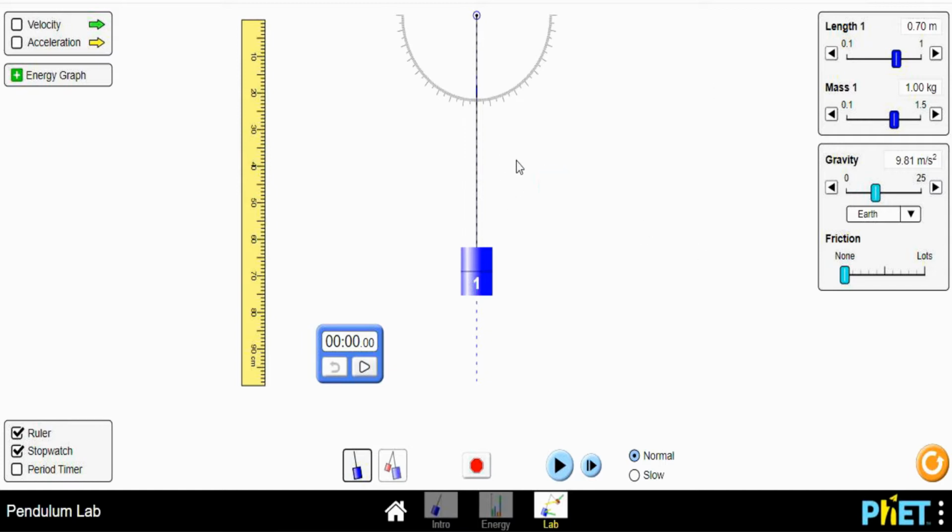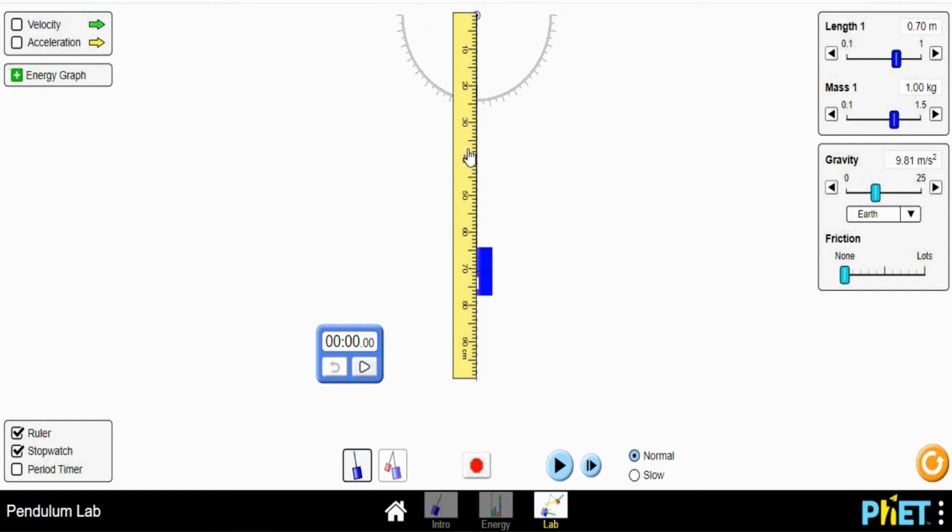The simple pendulum consists of a string which doesn't have mass and a bob which is rectangular here. It should be spherical in real life, but this is a simulator, that's why they have given a rectangular bob. The length of the string is 0.70 meters. Let's check it with the ruler.